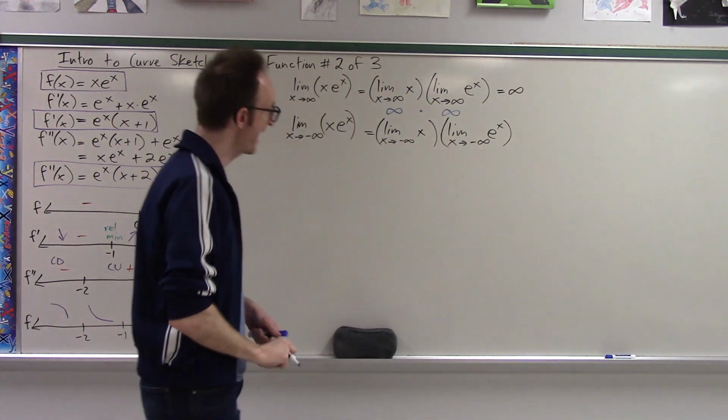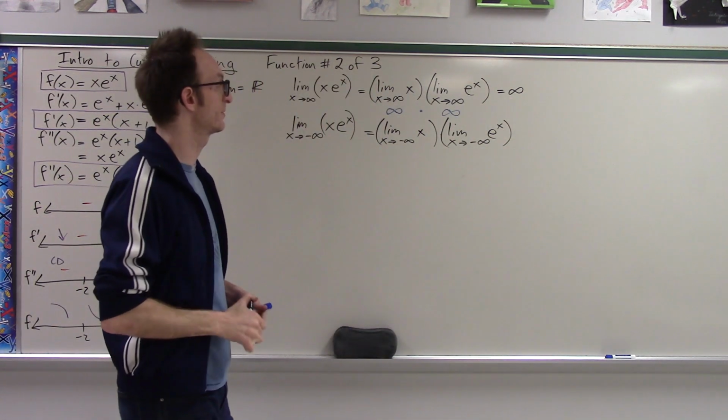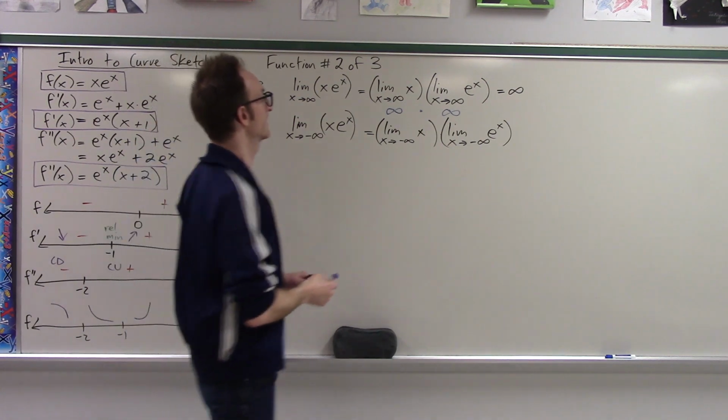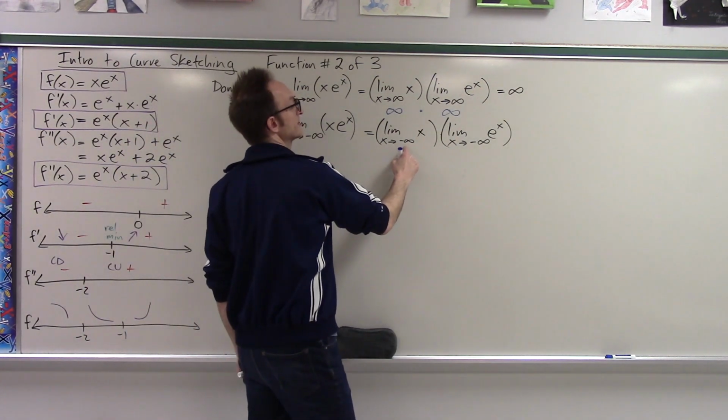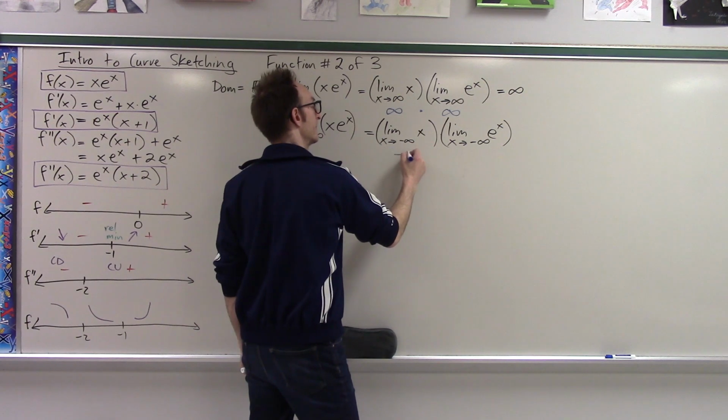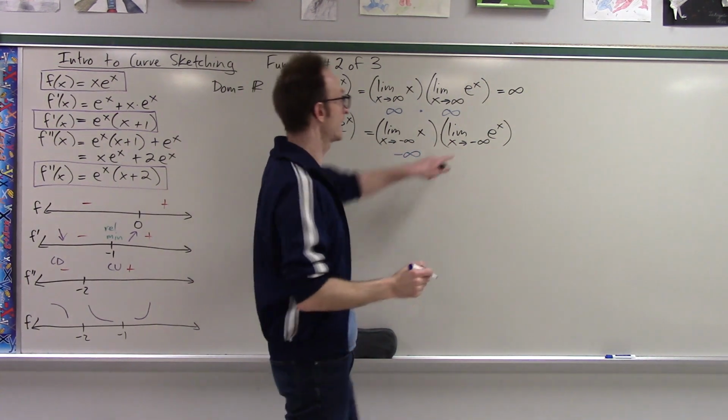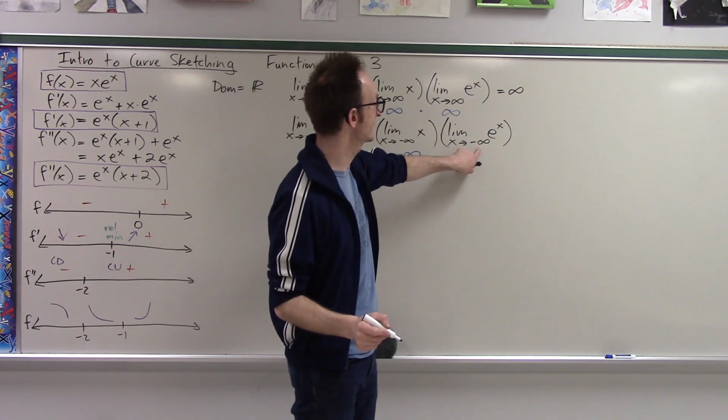And here now suddenly it's a little bit confusing, because of course as x goes to negative infinity, this x is becoming a huge negative. But what happens as x approaches negative infinity to e to the x?